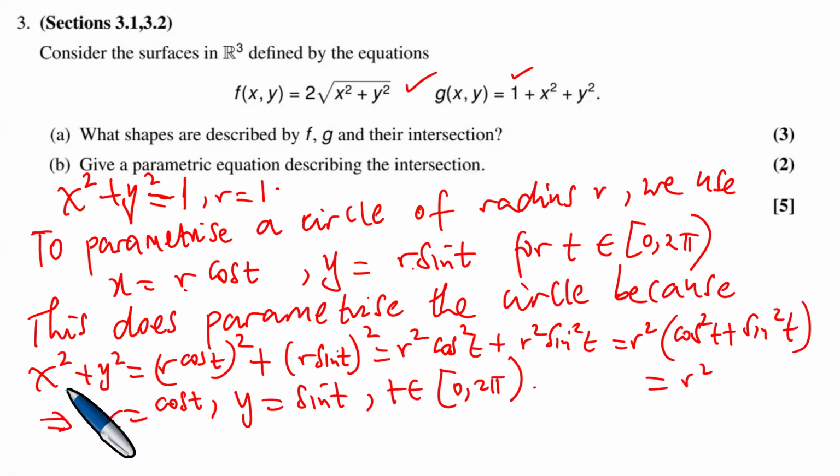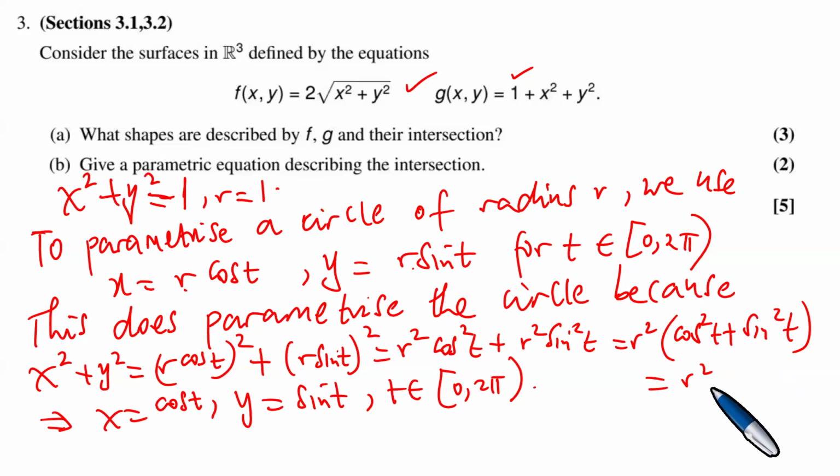We wrote it here: x squared plus y squared must equal the radius squared. If you put in x, which is r cosine t, and y, which is r sine t, it is the inclusion of the cosine and sine that produces r squared here, because cosine squared plus sine squared equals 1. You get the point? Think about it.